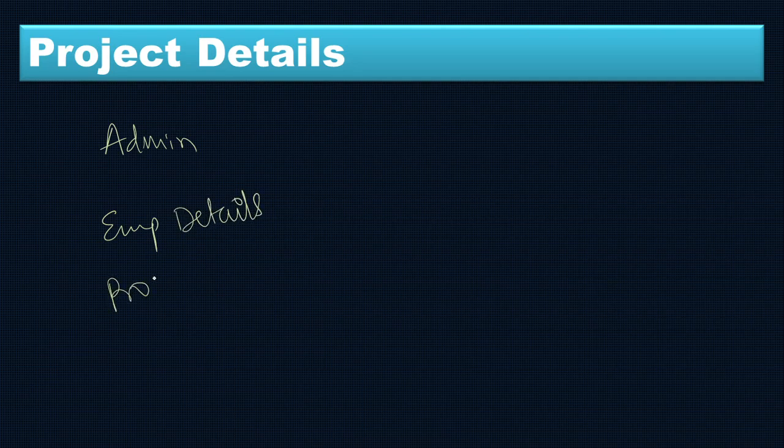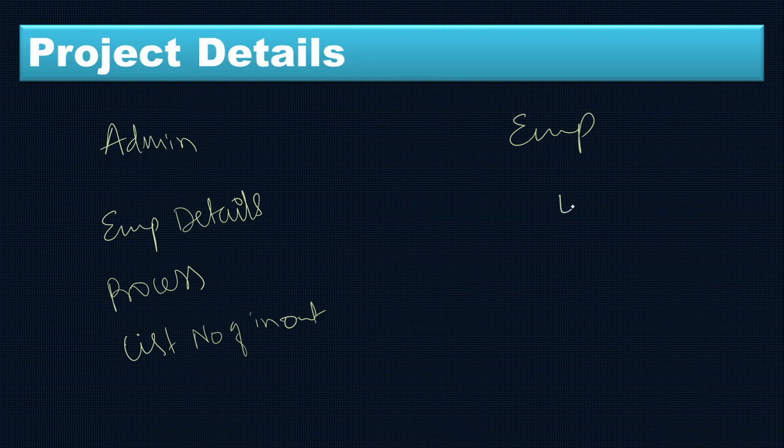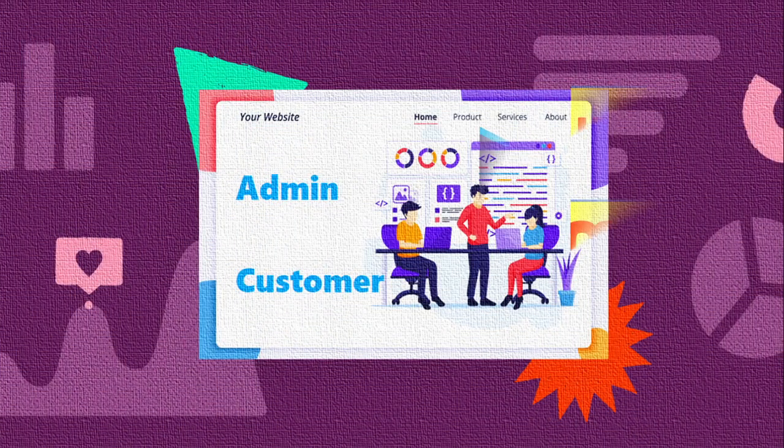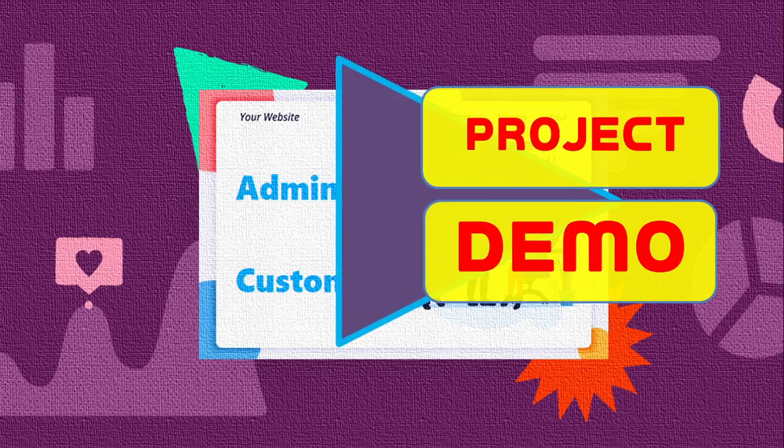We can do the process to calculate and then list the number of in and out. On the other side we can have employee, so they can log in, they can log out, and they can even see the statistics or data, what is the total log in, total log out. They are also able to view it. Let's see the demo, then we'll understand the whole concept.